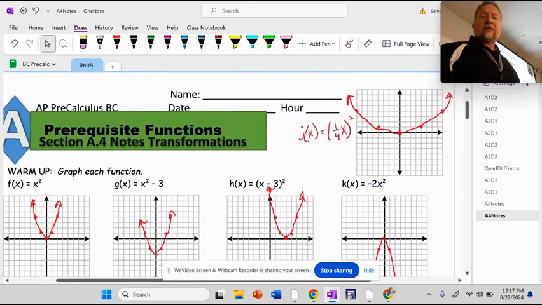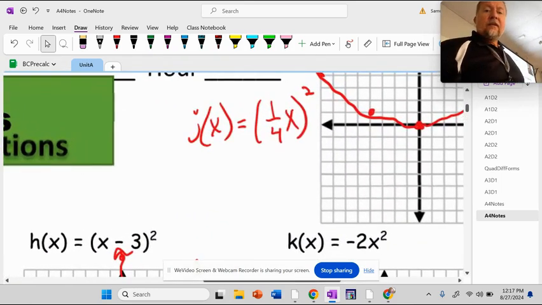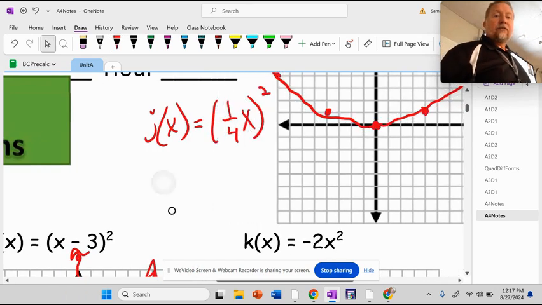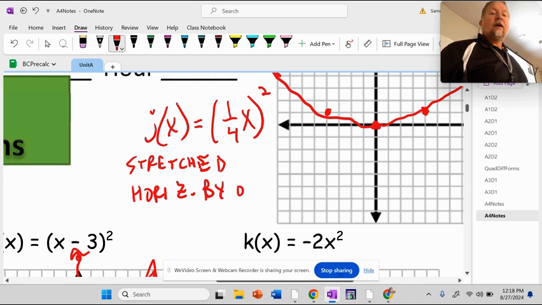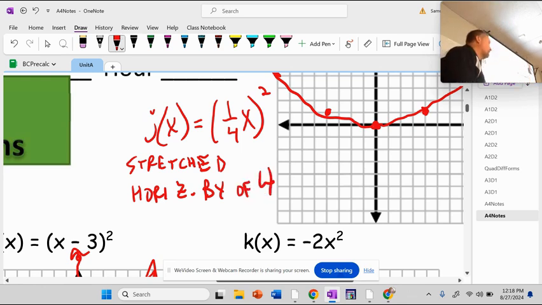So let me go back up to here. Here's what I mean about this. This, therefore, is considered to be stretched horizontally by a factor of not 1/4, but 4.